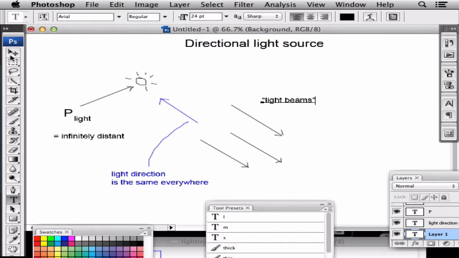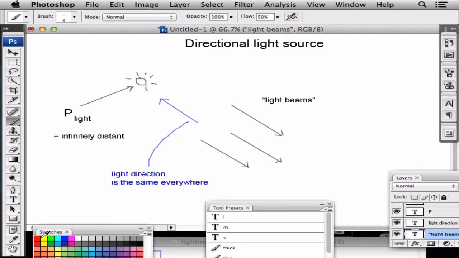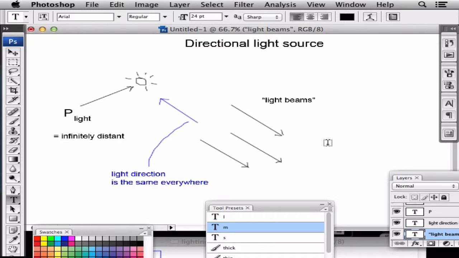The final point is that everywhere in the scene the intensity from this light will be the same. Other light sources have what we call attenuation. It's like the further we get from the light source, the weaker it is, the less energy it has. But the directional light source does not have this, it has the same energy wherever we are in the scene. So no attenuation.